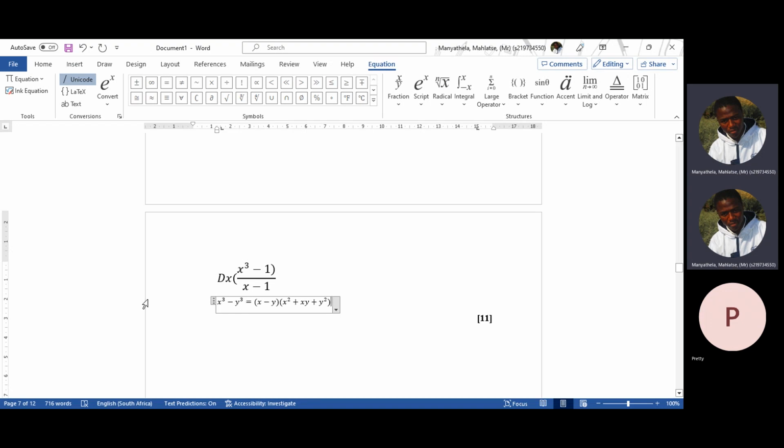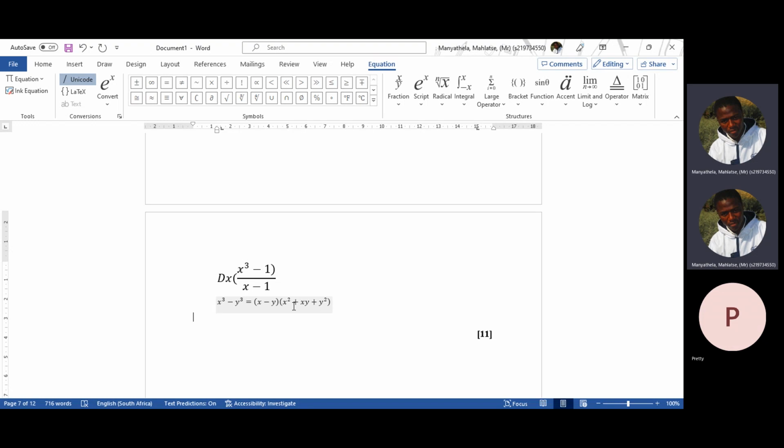So let's distribute. x times x squared: x is the same as x to the power 1, and you're multiplying it by x squared.